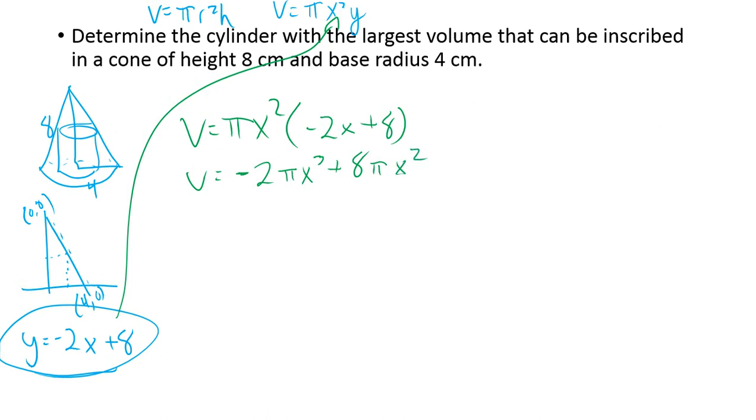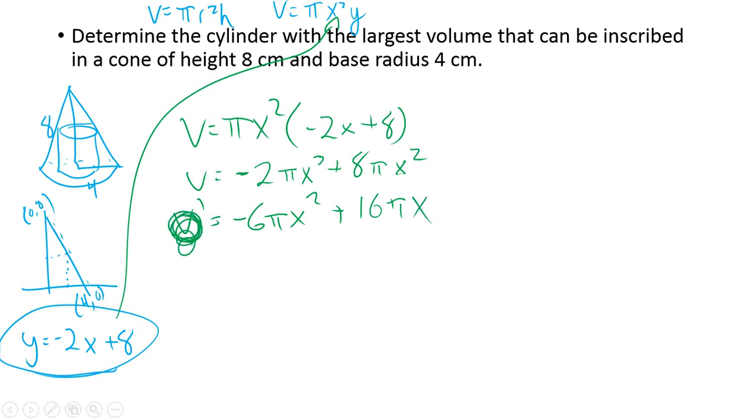Take the derivative of it, drop the power. So v prime would be negative 6 pi x squared plus 16 pi x. Set it equal to 0.